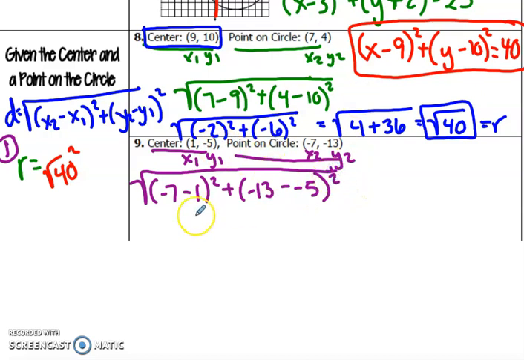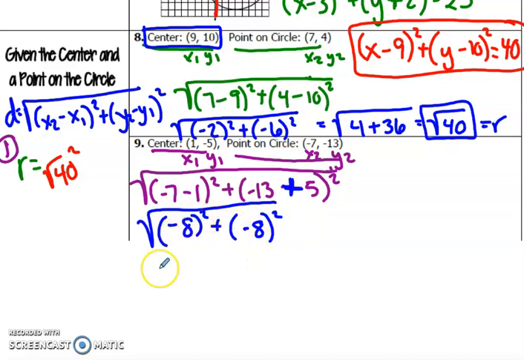Now let's do some mental math. Let's simplify in the parentheses. -7 minus 1 is -8 squared. I am going to go ahead and make this a plus. So -13 plus a 5, I do believe is an -8 squared. That's all still underneath our radical.